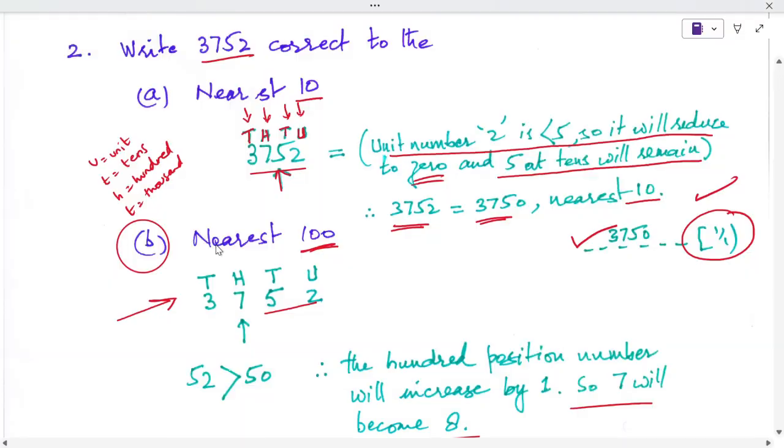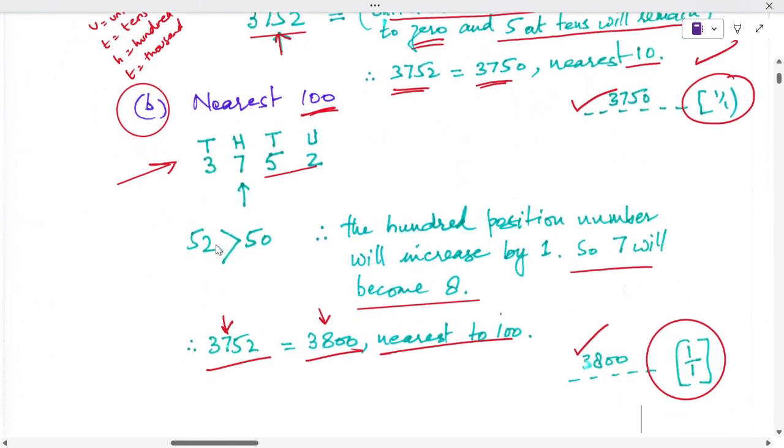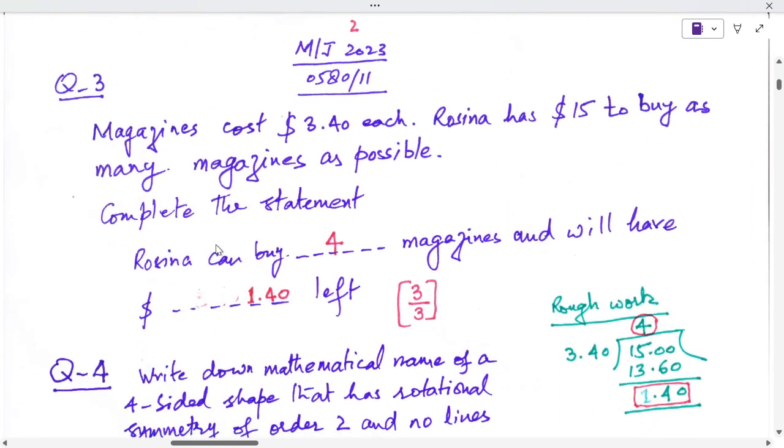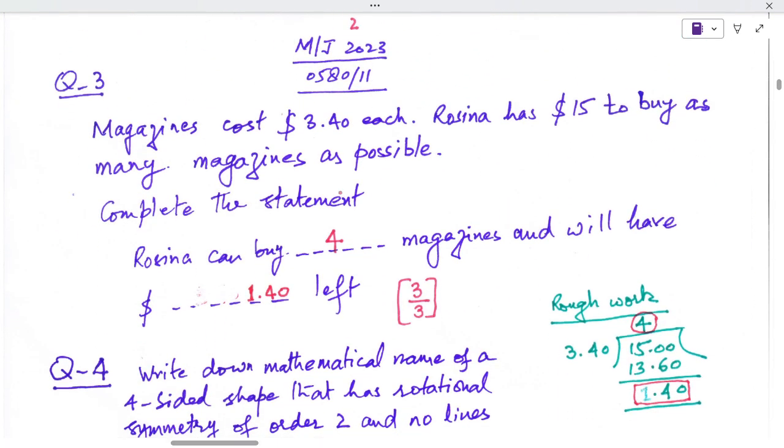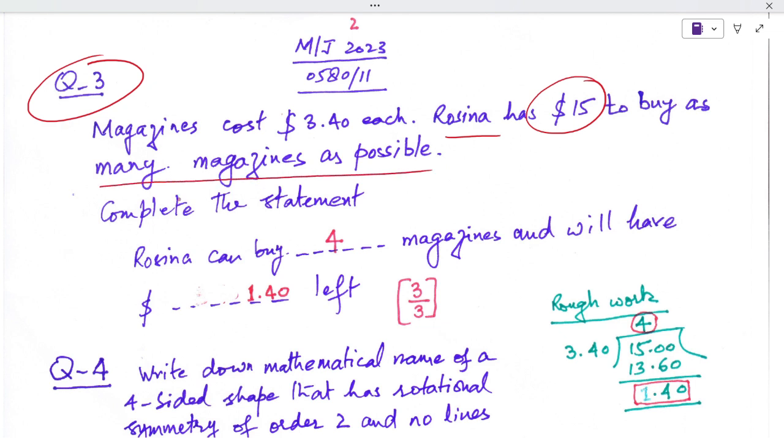Question number 3 reads as magazines cost $3.40 each. Rosina has $15 to buy as many magazines as possible. A statement is given in which you have to complete the blank spaces.